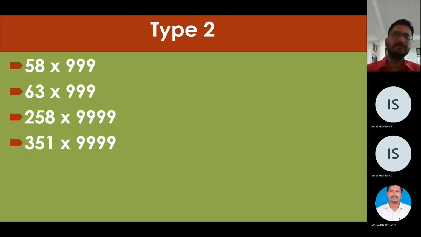So next type, second type, 58 with 999. Here the number of nines is 3, but here the number of digits in this number is 2, means less. So we will make the number of digits in each number the same by writing 0 in the front of 58.